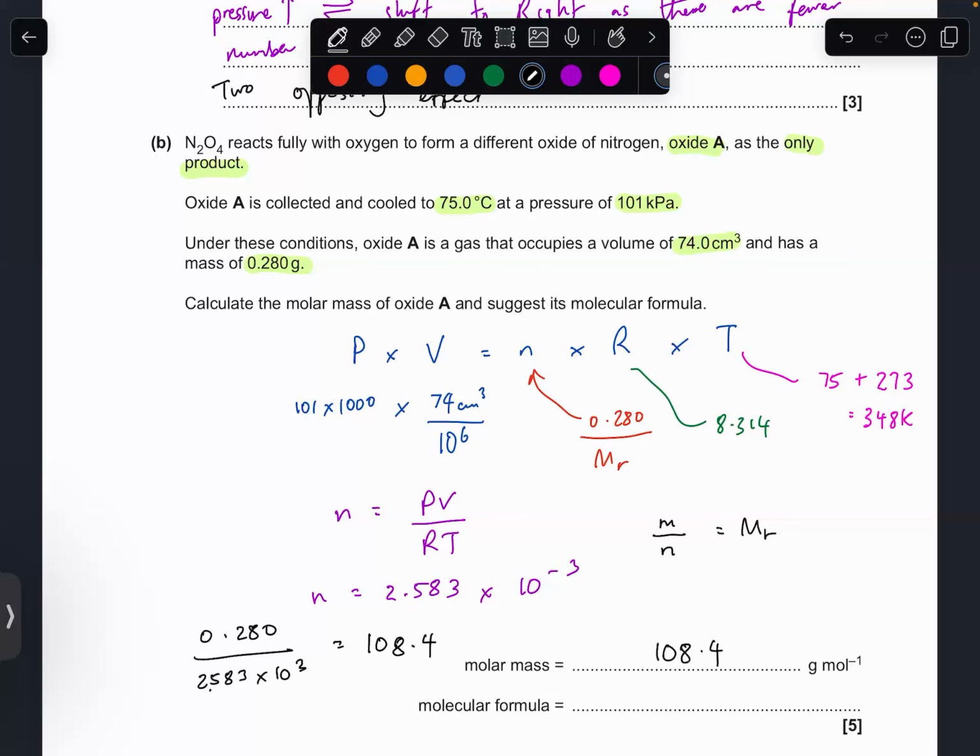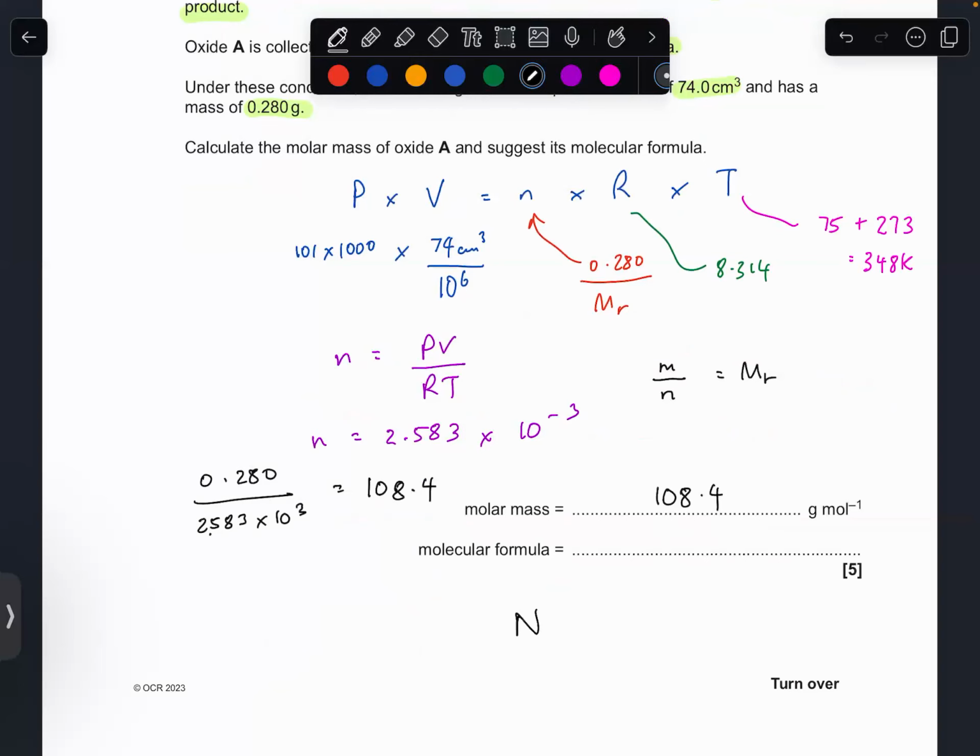And the molecular formula. So really, we want to see what's the closest nitrogen oxide that gives you the formula mass of 108. Nitrogen is 14, so 14x plus 16y. And it's really a game of trial and error.